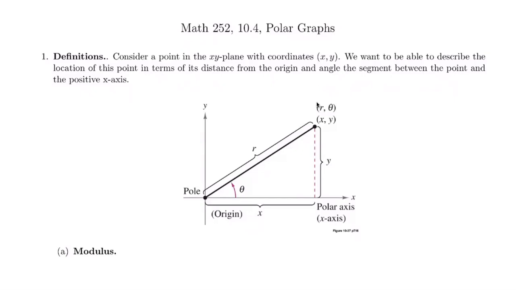So taking a look at our picture below, we have a point that we're going to describe, and let me just emphasize the point for you so that you know where it is. We have this point here, x, y, which we obtain by going across x and up y. But an alternative for us is to go over a distance r and around some angle x in order for us to arrive at the point.